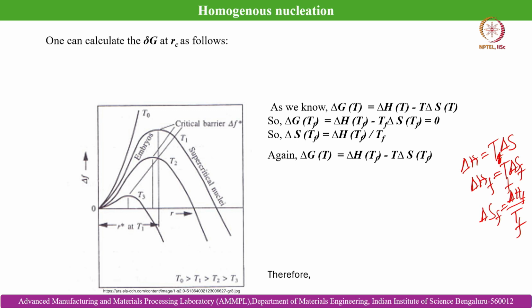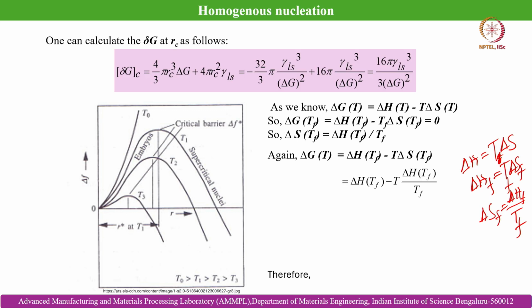So, again, if you now put this value of delta S at Tf, equal to delta H at Tf by Tf, into delta G, we can calculate like this. Tf is the fusion temperature.